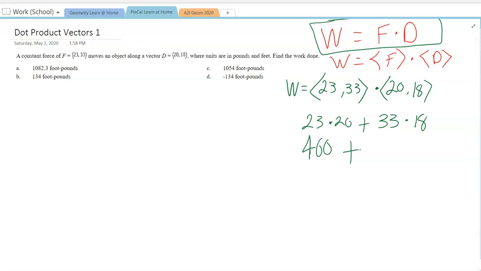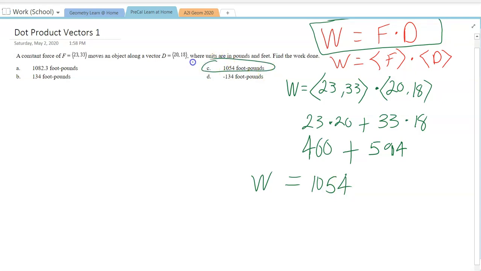Let's plug that in our calculator real quick. And when we add those together, we should get 1054. So our unit should be foot-pounds, and sure enough, we do have 1054 foot-pounds.